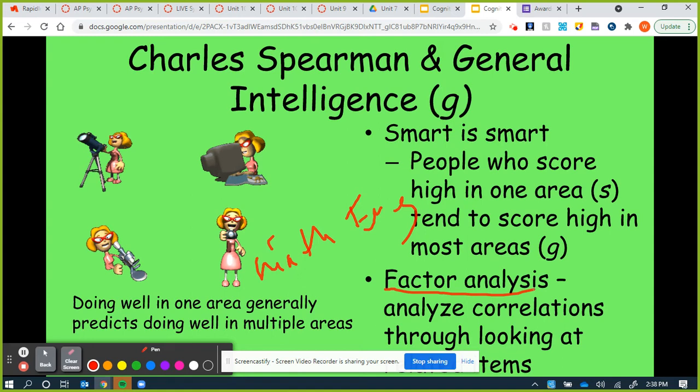So G, general intelligence, is probably too specific. There is some truth to this, especially in like academic stuff, and that's kind of what it's focused on, because the idea of intelligence back then was very: people that are smart are good in school. We know that now to not necessarily be the case.